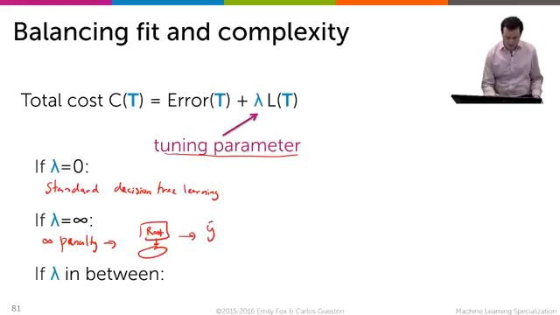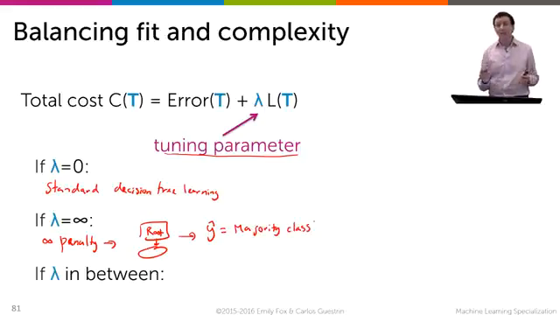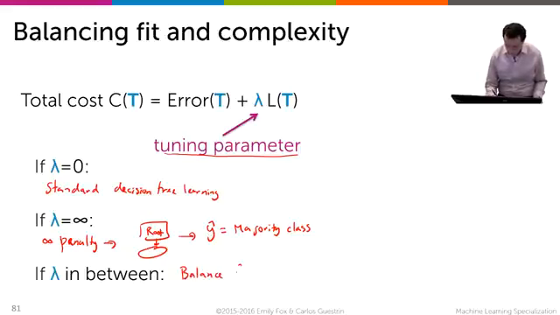And in this case, we're just going to say the y hat for all data points is the majority class. In other words, when lambda is equal to infinity, we're just going to output the majority class. When lambda is equal to 0, it's a crazy deep decision tree. When lambda is in between, that's where we're in game here. So this is going to balance the fit and the complexity of the tree.